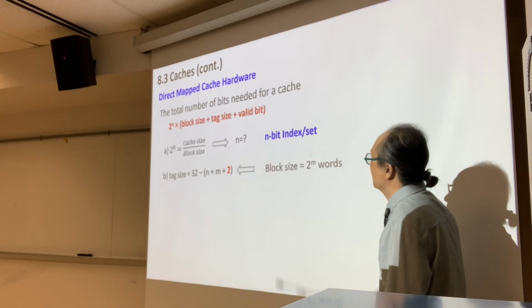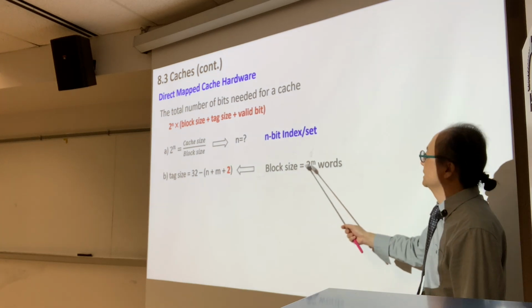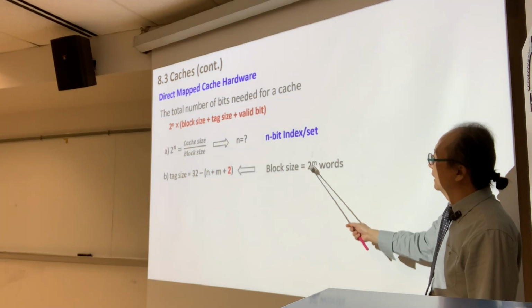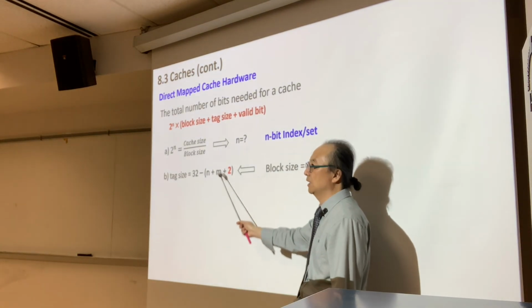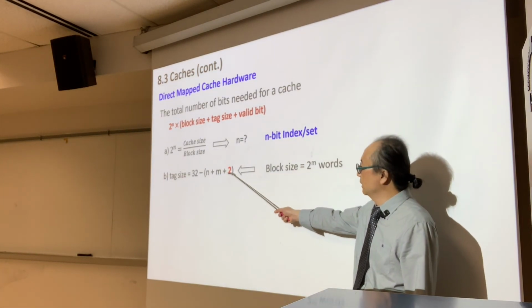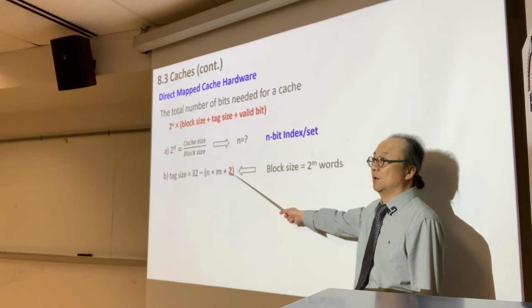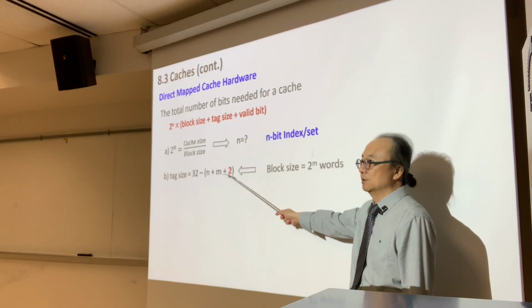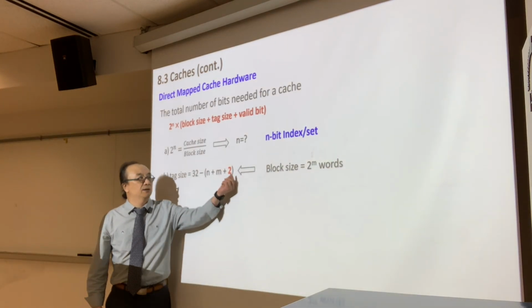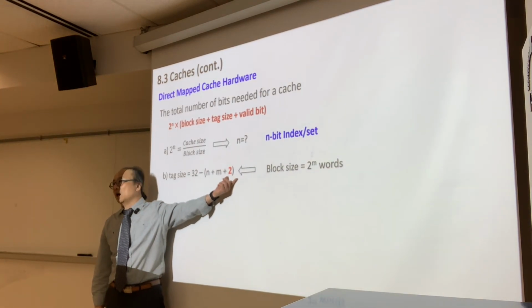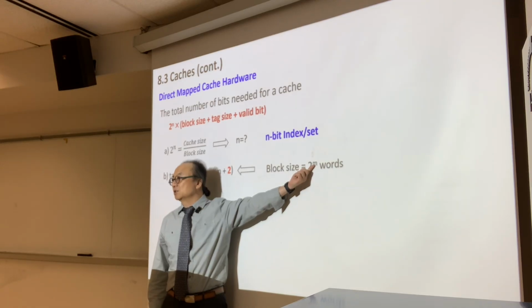And the m, we're going to look at the block size in words. And then 2 to the power of m words, this m value will give us what goes in here. What about this 2? Why do we have 2? This is from byte addressing. So back to answer the question. If we have a 1 word block, this m value is going to be 0, right?